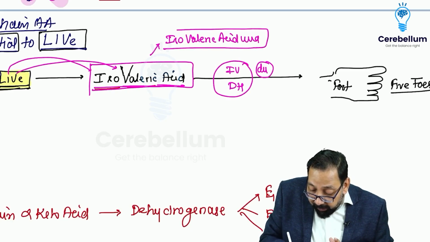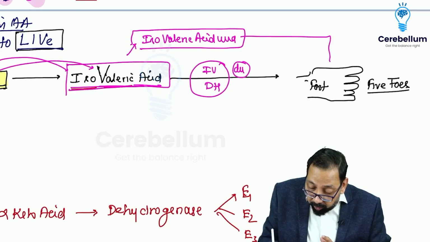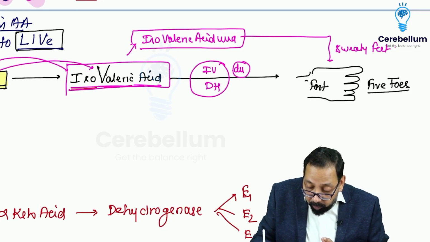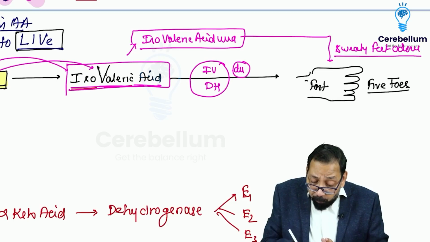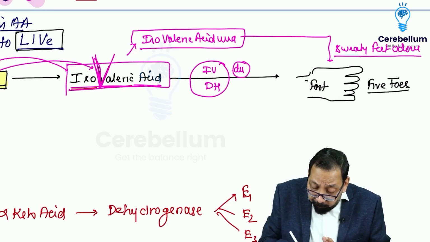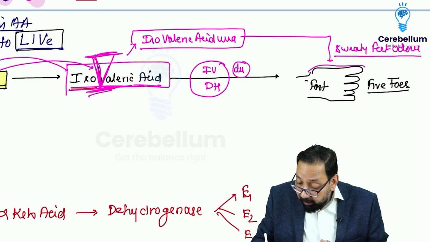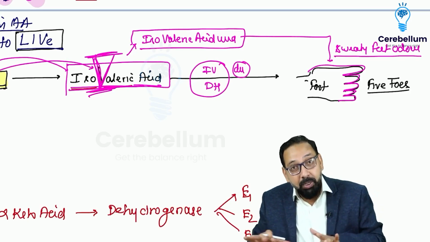In isovaleric aciduria, a question is asked: there is a sweaty feet odor. How will you remember? Valeric acid, V looks like 5. Feet have how many toes? 5 toes. So sweaty feet odor, isovaleric.